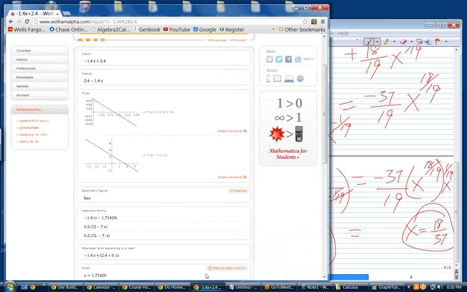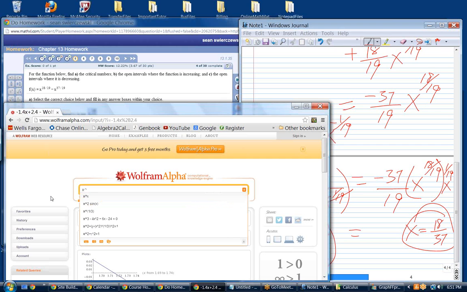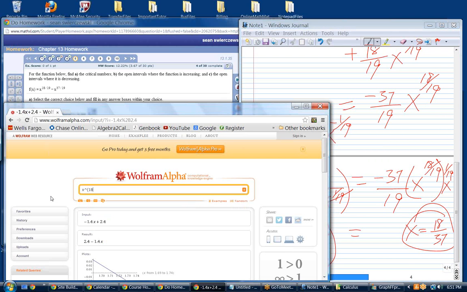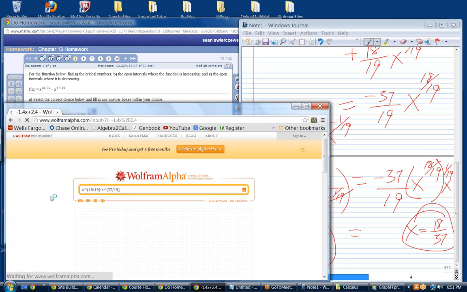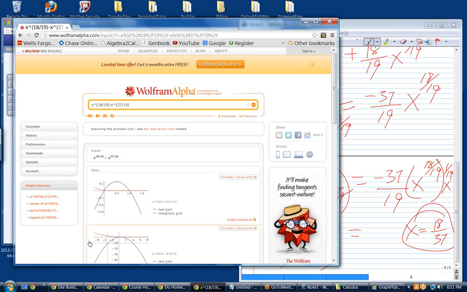Let's just graph it. Okay, that's the function, which means it's increasing from negative infinity to 0.